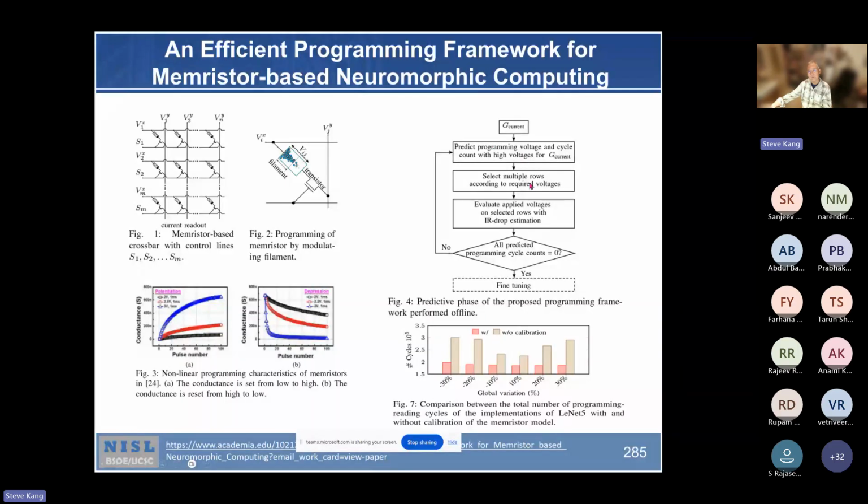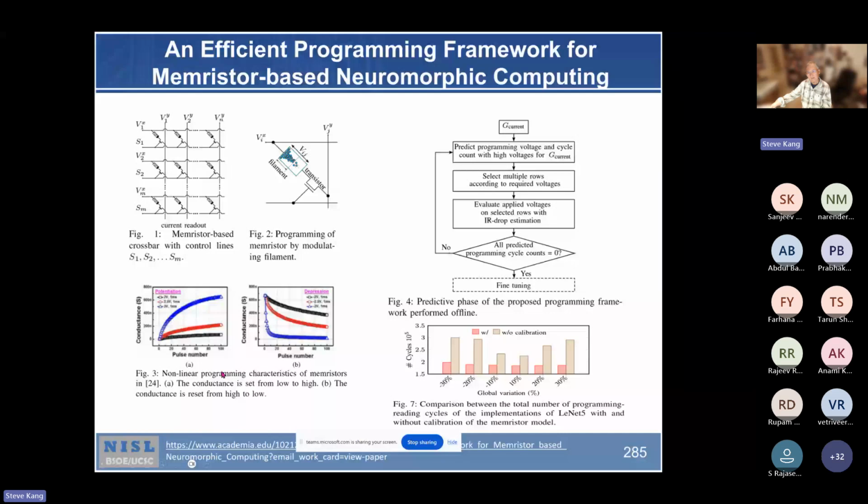And then you select rows according to required voltages, evaluate, and see whether you achieve it. If not, you go back and predict again until it converges, right? So you do it algorithmically. Usually that computation is done off chip, and once they determine it, they program and apply to the chip for potentiation or depression, reducing weight from the initial state.